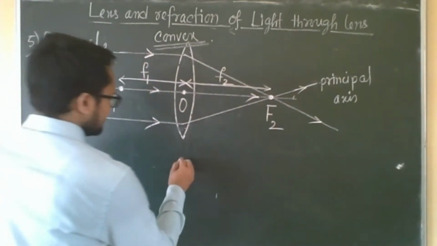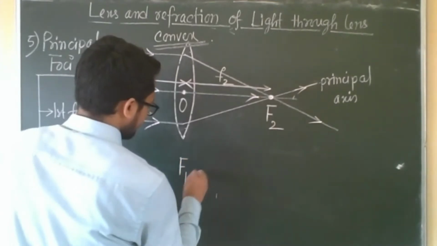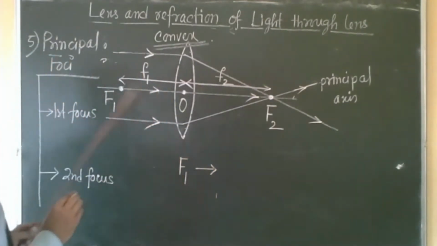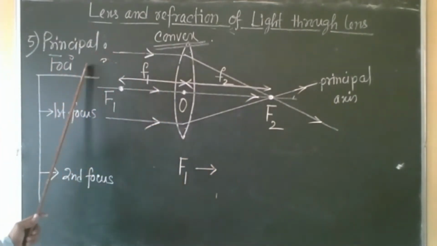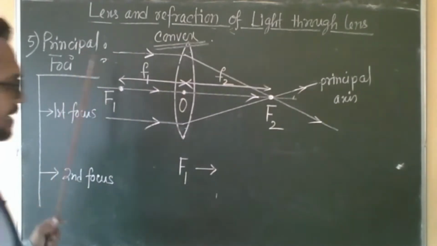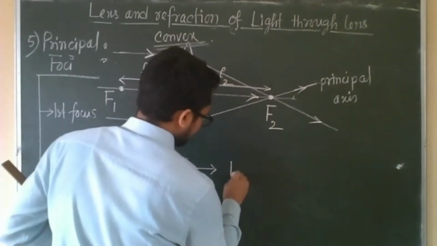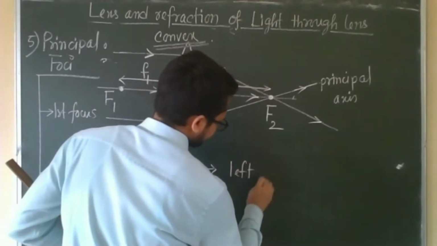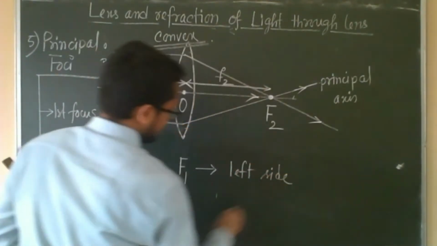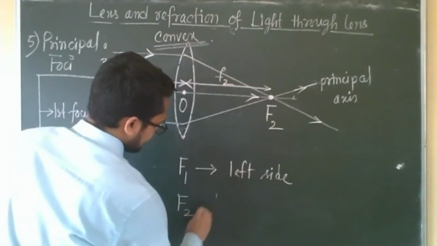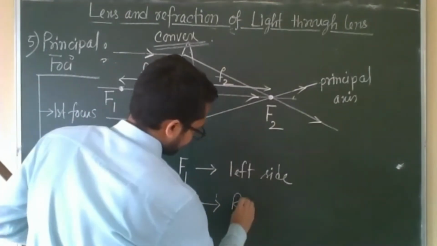So we are getting the first focus F1 when we are taking incident light from the left side. Then F1 will lie on the left side, right? And F2 will lie on the right side.